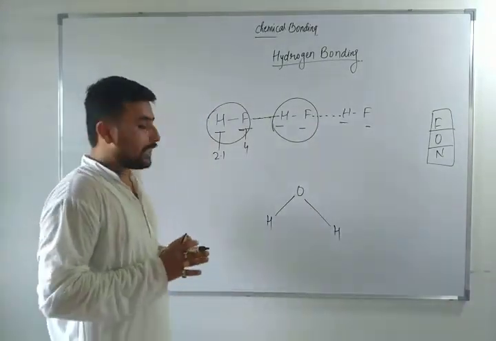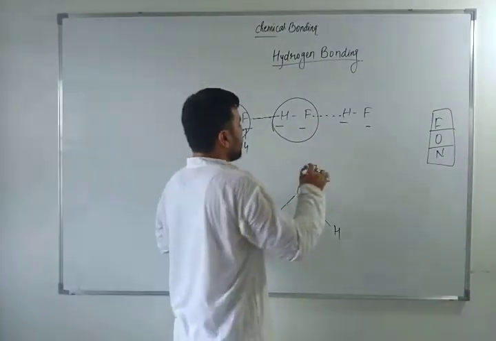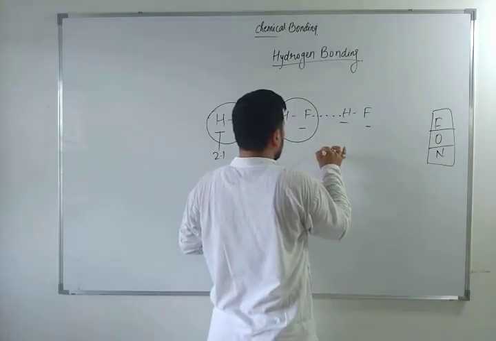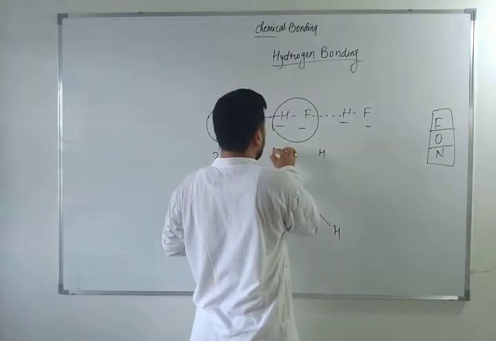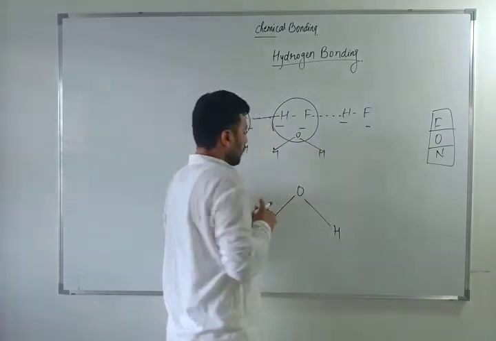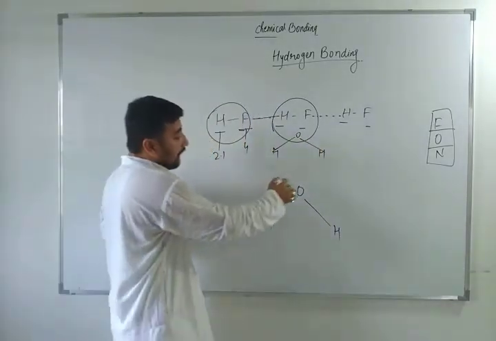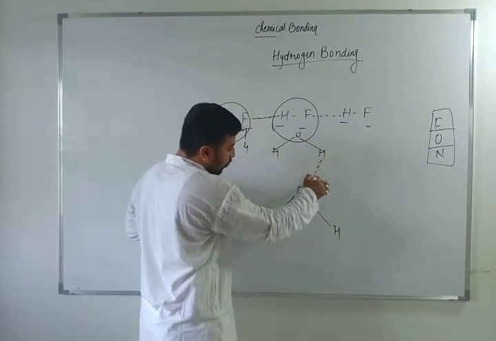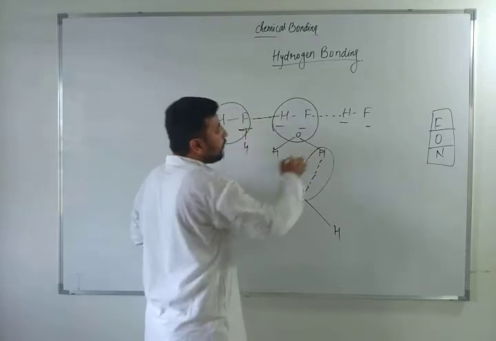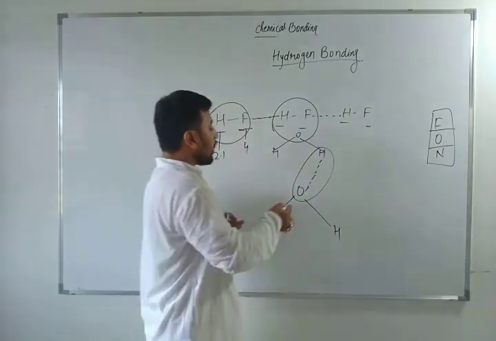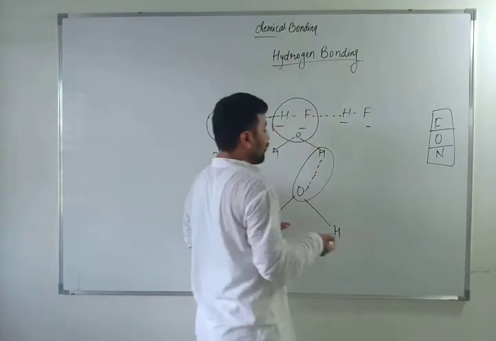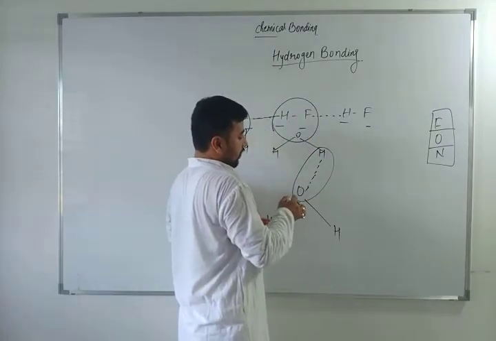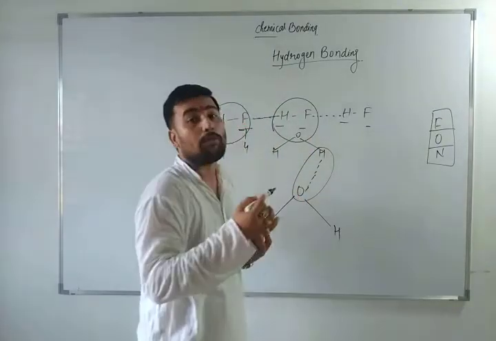I don't have to represent any other thing. Between these oxygens there will also be hydrogen bonding. Why? Already I have told you, they are highly electronegative atoms with small atomic size.